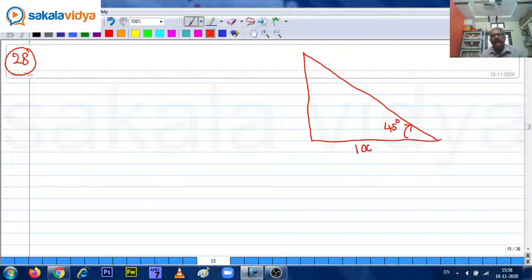This is 100 meters. This is the height of the tower. Say ABC. If it is 45, this also 45. 45 plus 45, 90. 90 plus 90, 180. Understood now? 45 means this will be 1 unit.